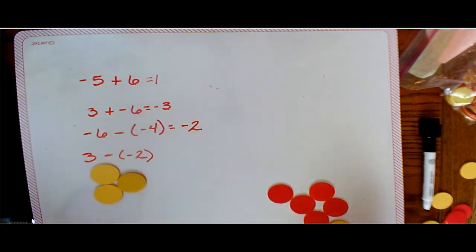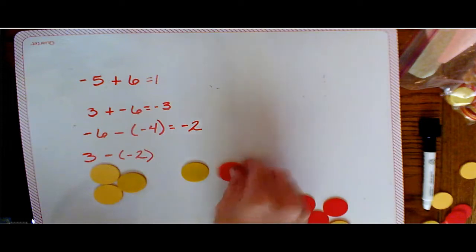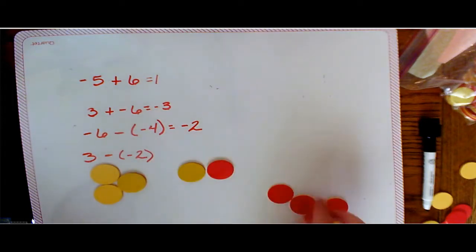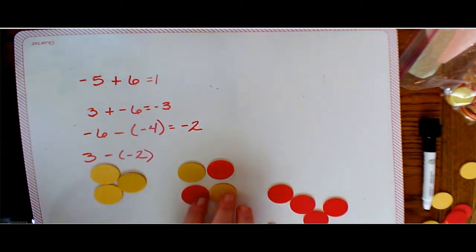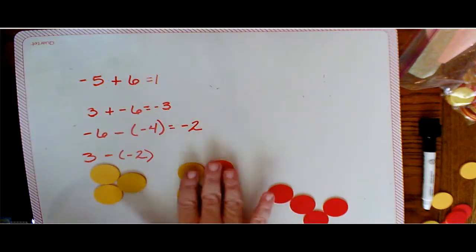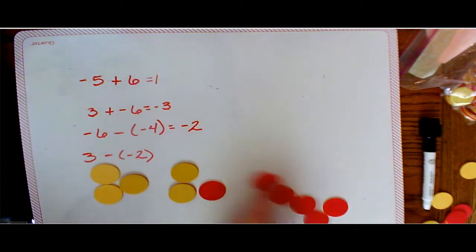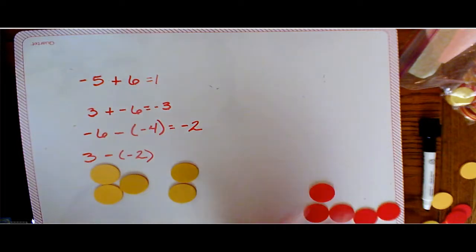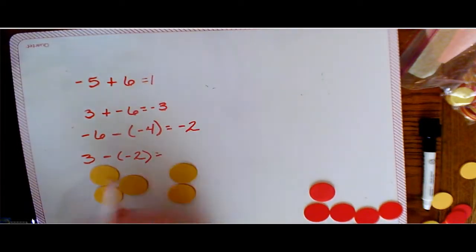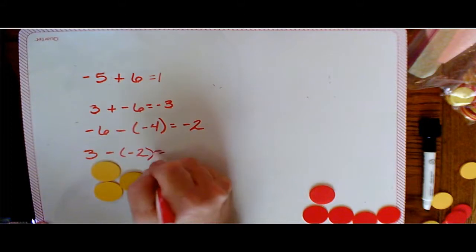So I'm going to have to add 2 0 pairs. 1, 2. There's my 2 0 pairs. Now I can take away 2 negatives because now I have 2 negatives. 1, 2. And that leaves me with positive 5.